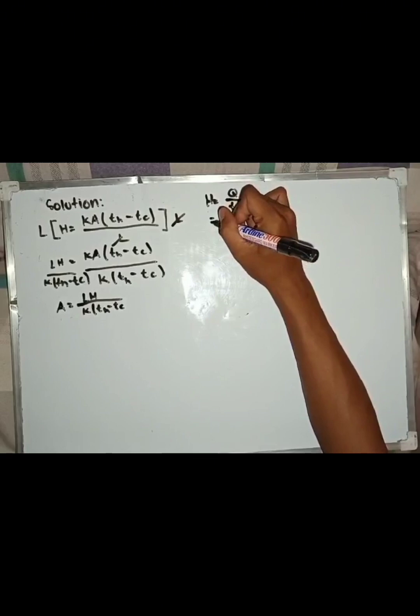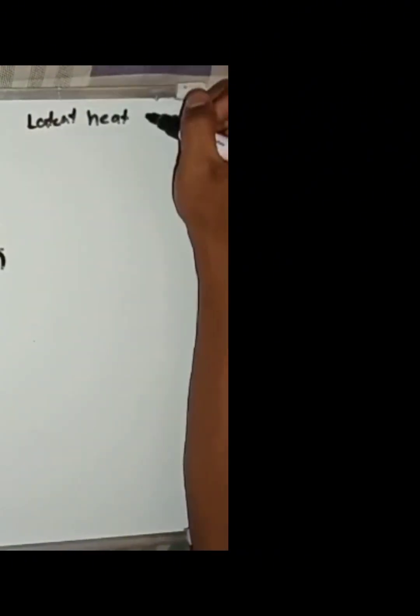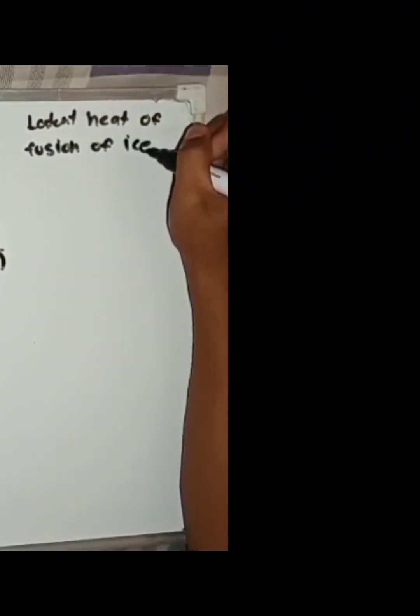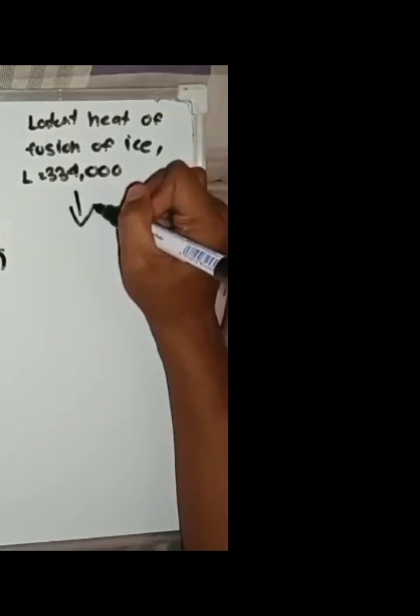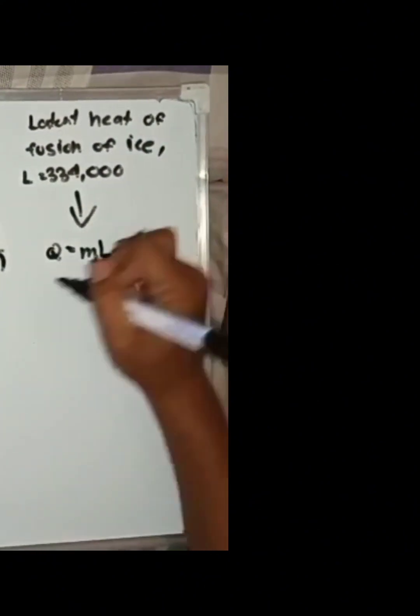To get the Q, we can use another formula. Q is equal to mass times L, the latent heat of fusion of ice. From the table, or from what I've researched, the latent heat of fusion of ice is equal to 334,000 joule per kilogram.